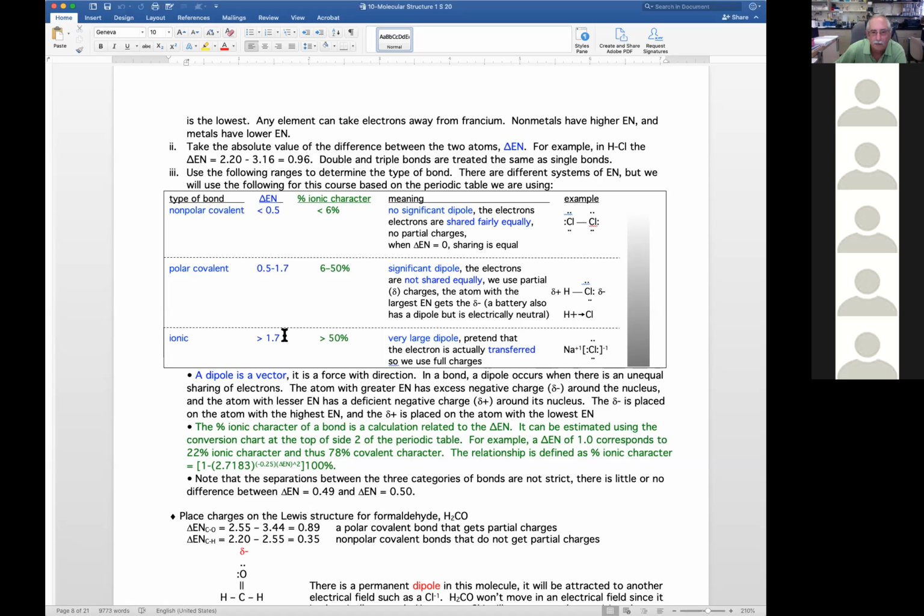So over here, why did I choose 1.7? If you find 1.7 on there and read straight down, you get 51%. So for me, trying to find a common sense way of explaining this to people, I'm just going to say, well, you know what? If it's greater than 50% ionic character, let's call it an ionic bond.